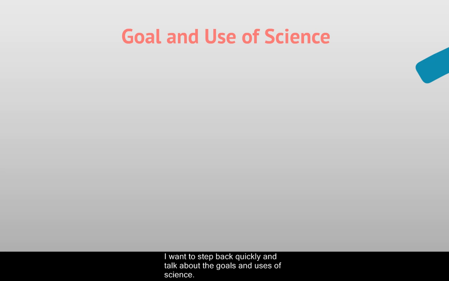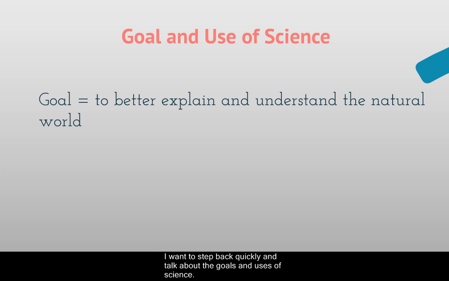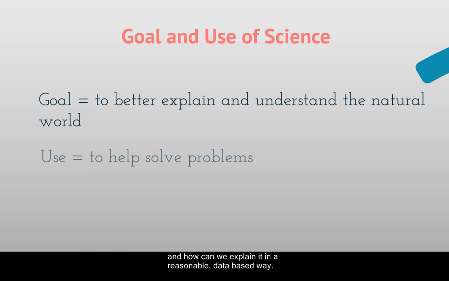I want to step back quickly and talk about the goals and uses of science. The goal of science is to better explain and understand the natural world. So, even physics and chemistry, along with biology, the whole idea here is what's happening and how can we explain it in a reasonable, data-based way.